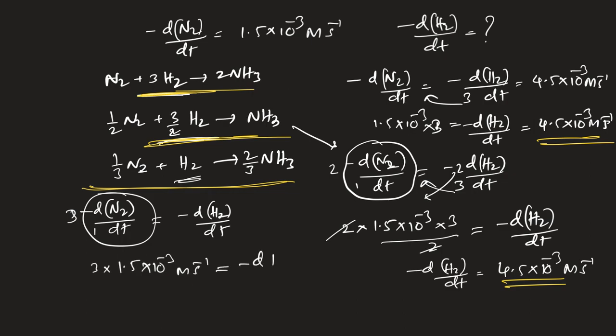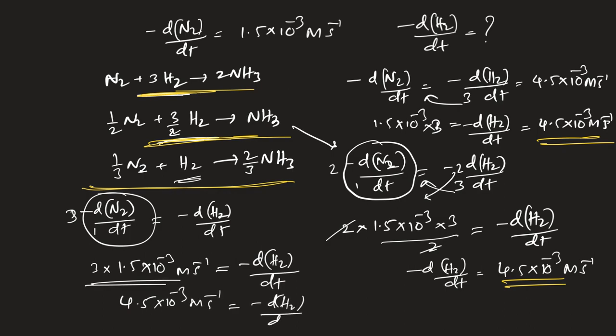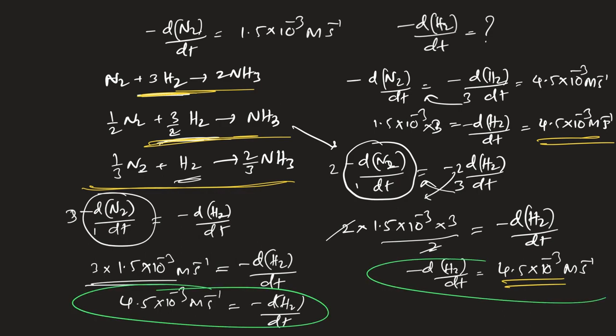So again the answer is the same: 4.5 × 10^-3 molarity second inverse. Now you observe this answer, this answer, this answer is the same. Therefore, rate with respect to a substance does not depend on any stoichiometric coefficient, but rate of reaction depends on stoichiometric coefficients.